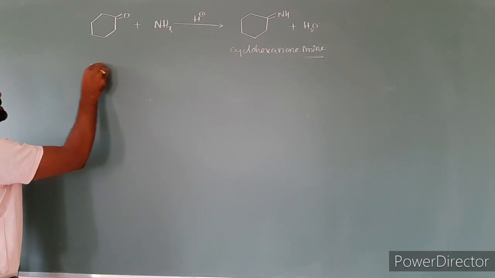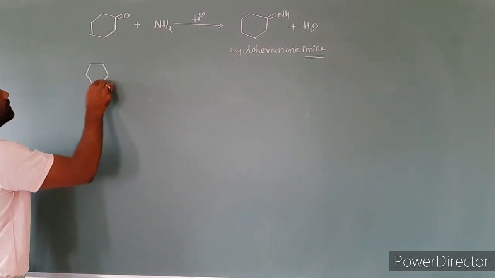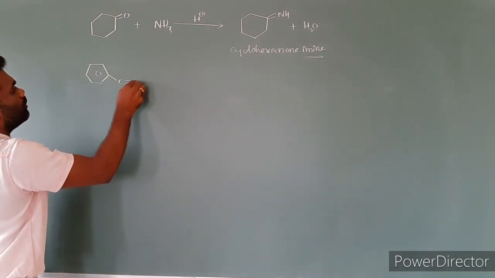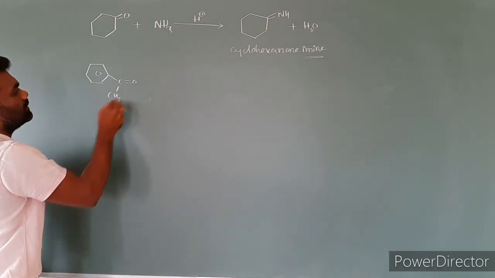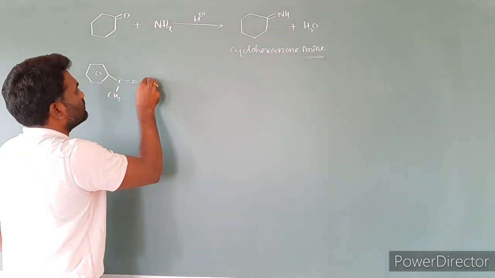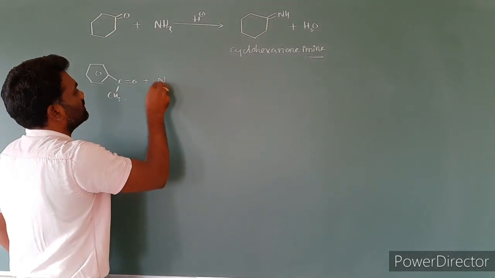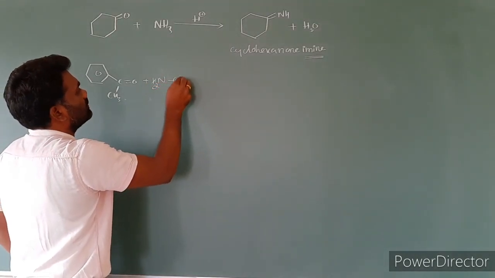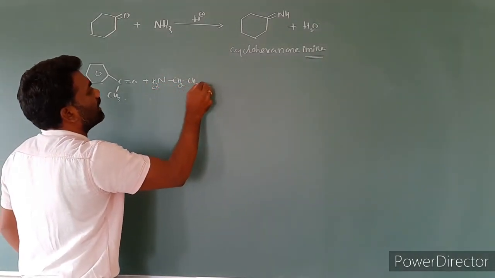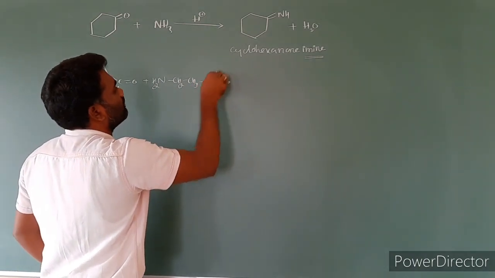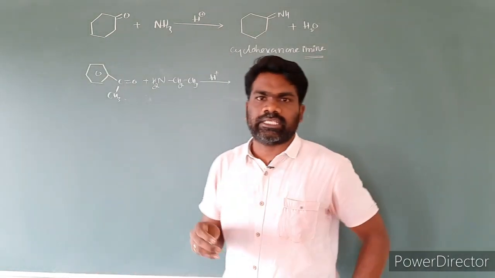Then take another example. I am taking a benzene ring with C double bond O CH3. So this is the compound I took. This one I am treating with amines, NH2 CH2 CH3. I took the amine in acidic medium. Then what is the product we can expect in this reaction?